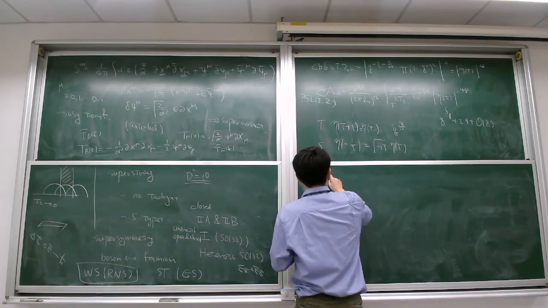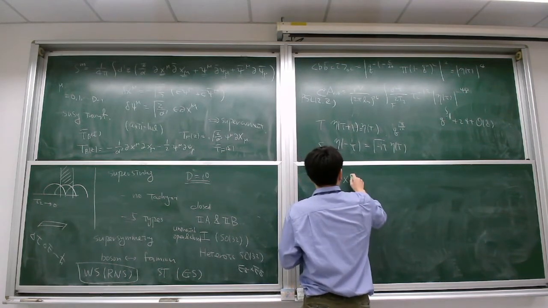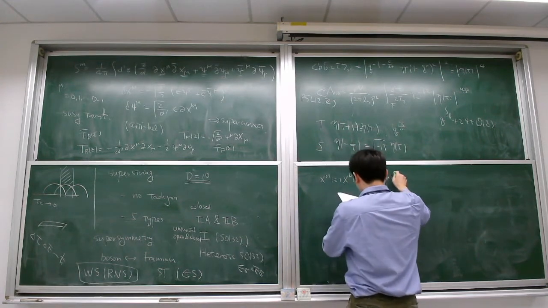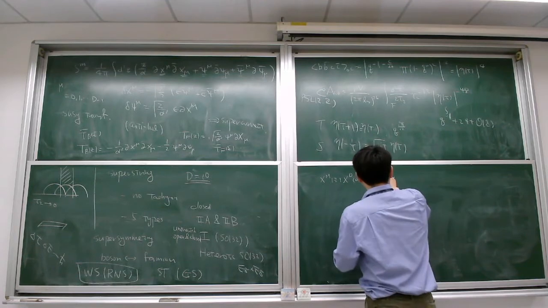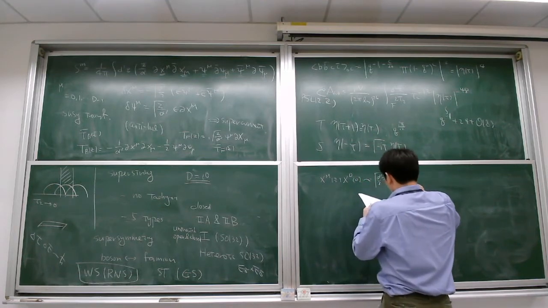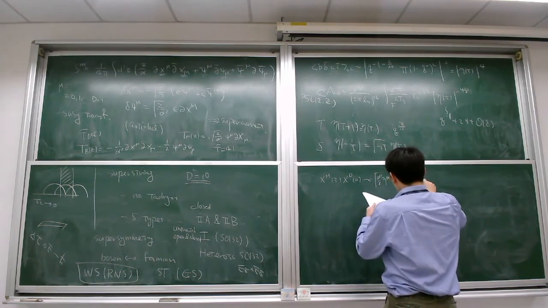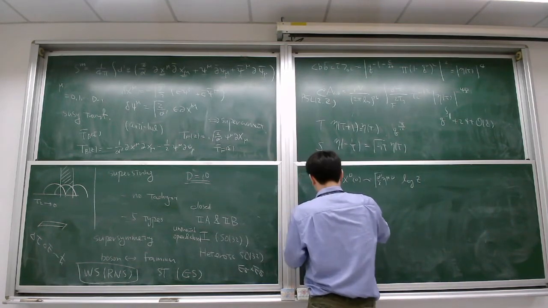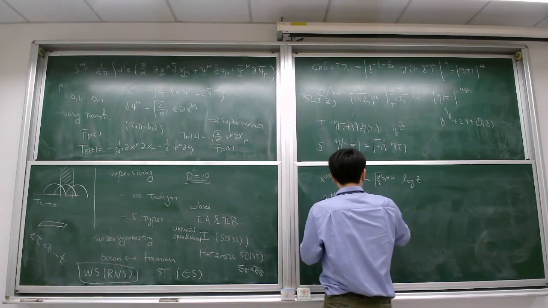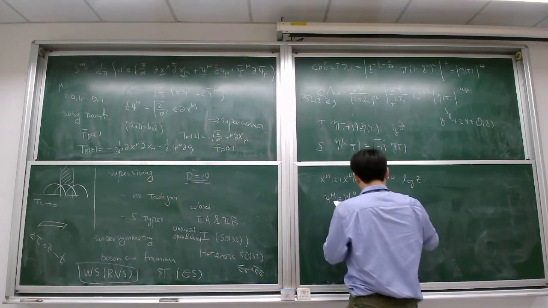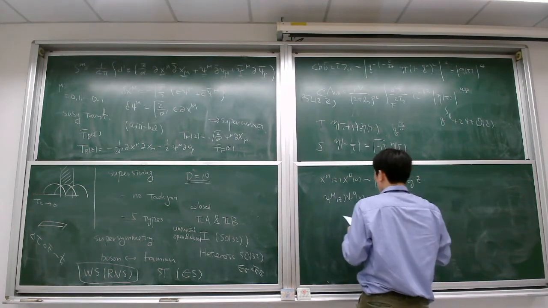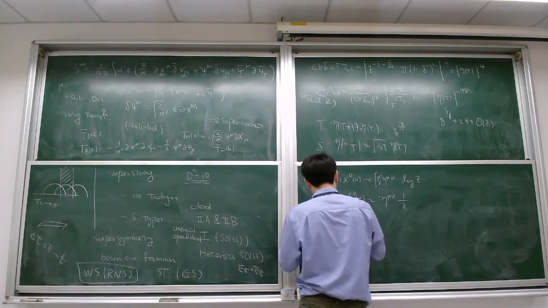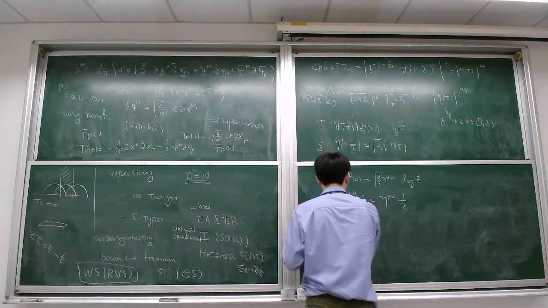As before, we have the OPE between bosonic fields, which is eta mu nu up to some factor of alpha prime over 2, and then log z. This one you did in the homework, so I'm not going to write it down.